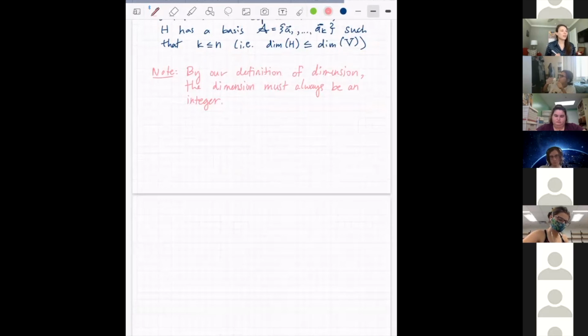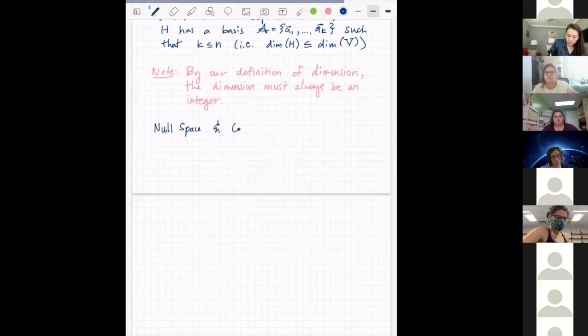Okay, and then discussed in this section is also null space and column space. So I just thought we would do a little bit of review of that. Since we have talked about null space and column space before, maybe it's good to go over it again. Okay.